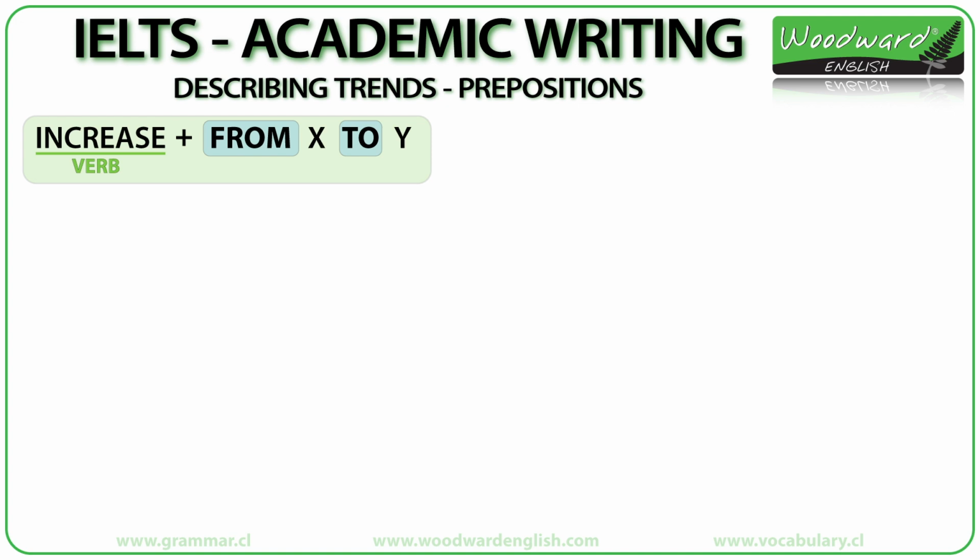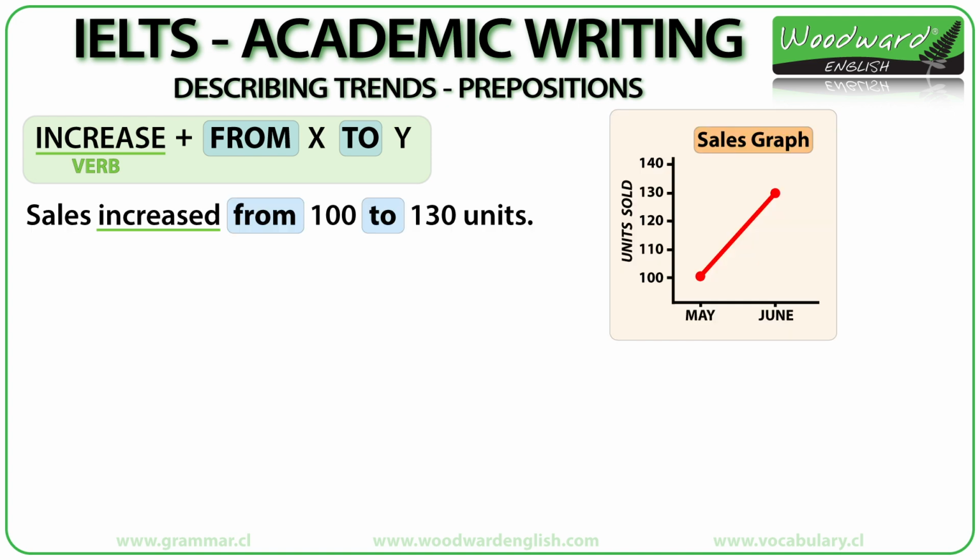Increase from X, the first amount, to Y, the final amount. For example, in the graph, we can see that sales increased from 100 to 130 units. From is with the start point of a trend, to is with the end point of a trend.